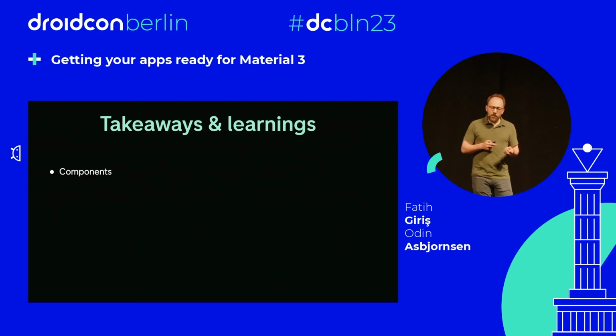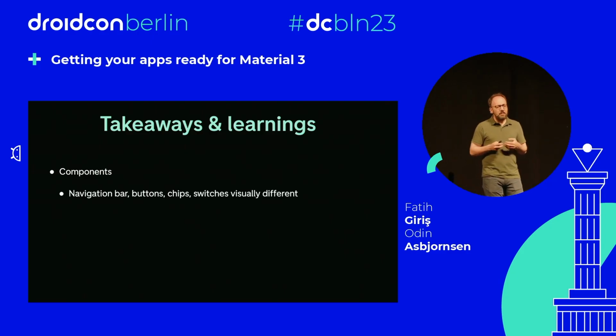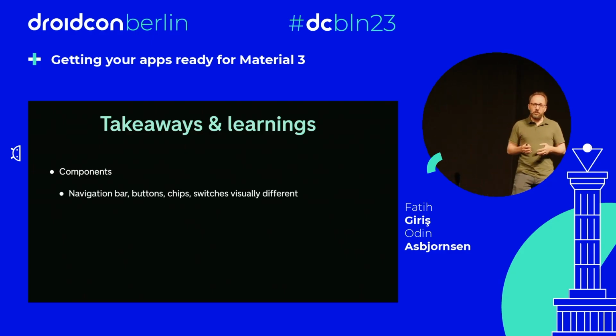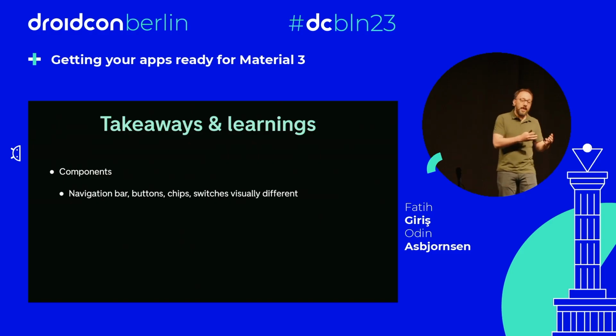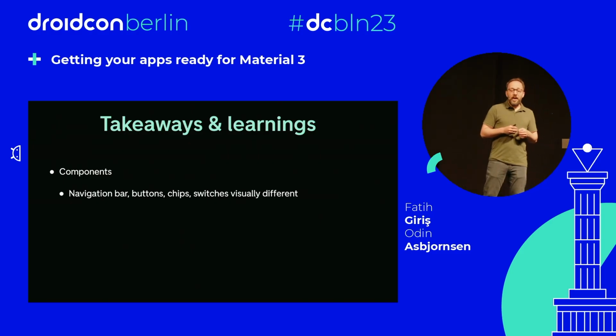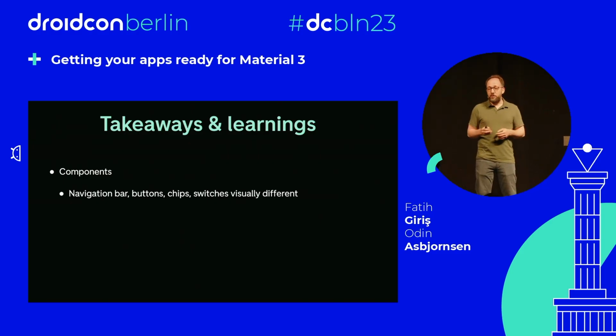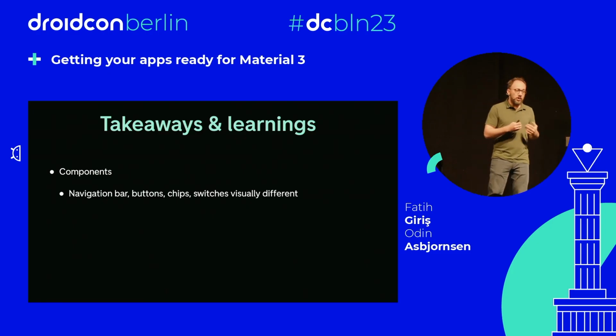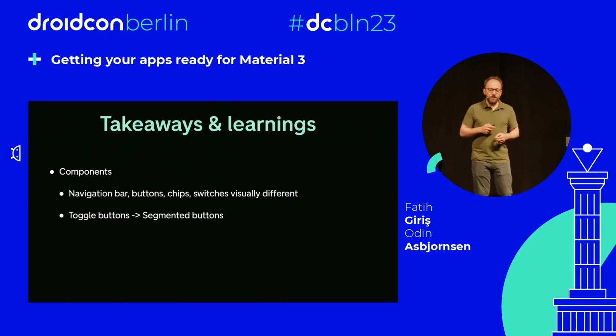And for the components part, I think there are some components which got a bigger change, like the navigation bar and some of the buttons, right, like segmented buttons and also the floating action button. And you also have a lot of other changes, of course. But if you're going to start migrating to Material 3, I think it's better to maybe start with components like switch, floating action button, and bottom navigation.